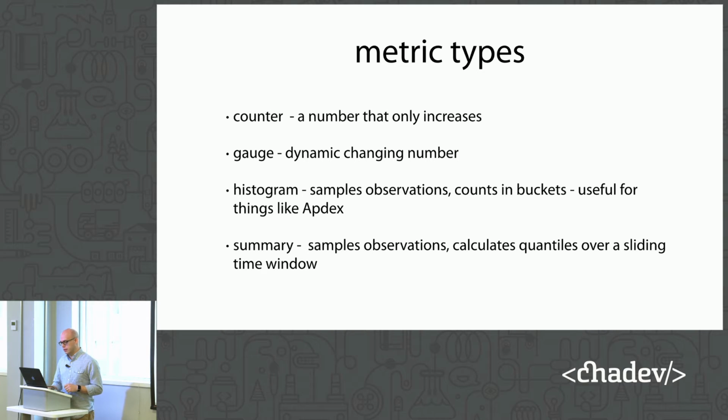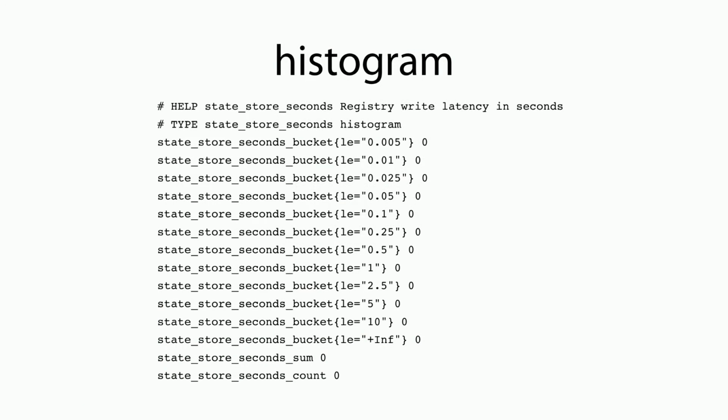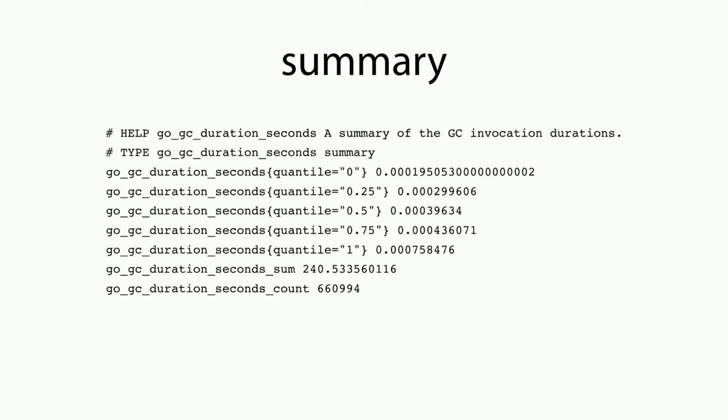So just to give a quick example of a histogram, this is a Prometheus metric from a server. These are all zeros, but you can see based just on the metric name itself, or the metric labels, the different buckets that we put things in. And those are configurable. And then with a summary, very similar, but we're actually specifying a quantile.